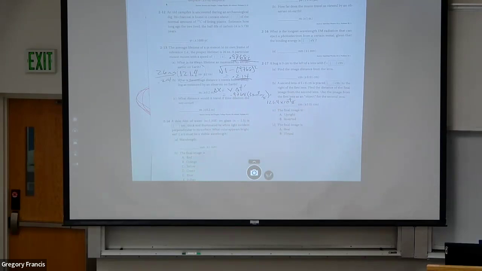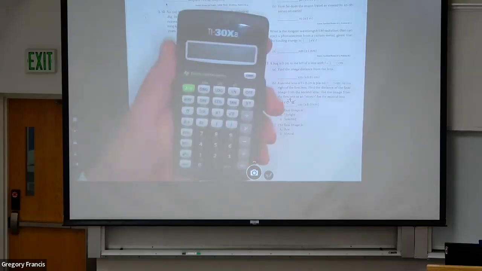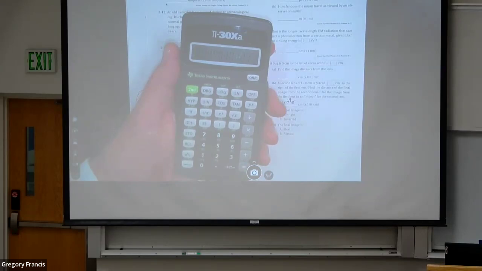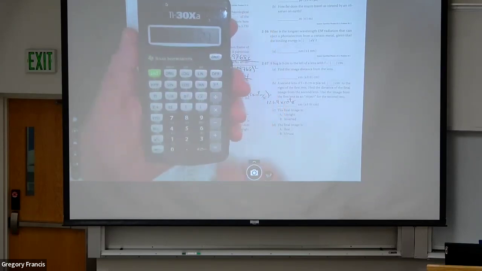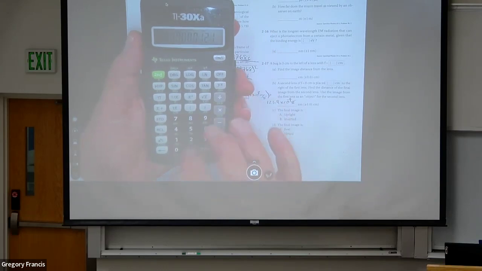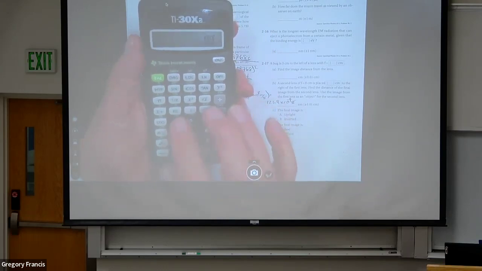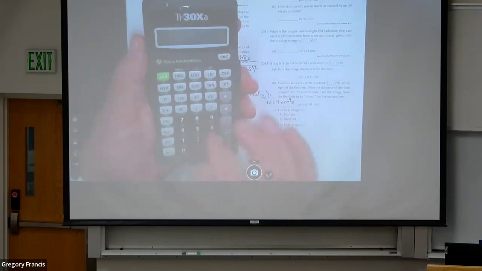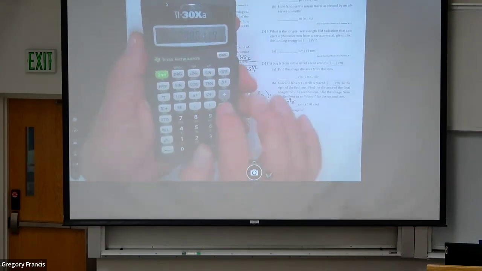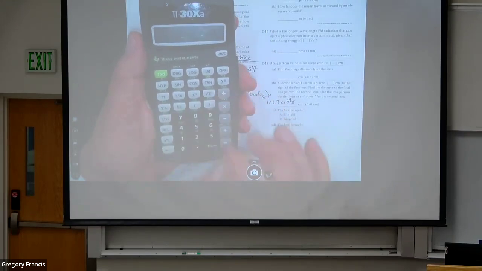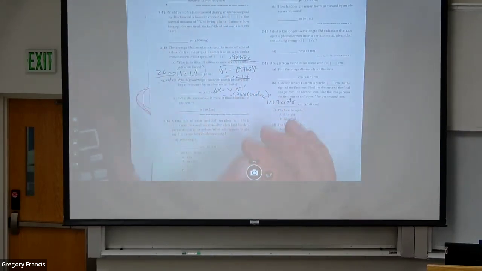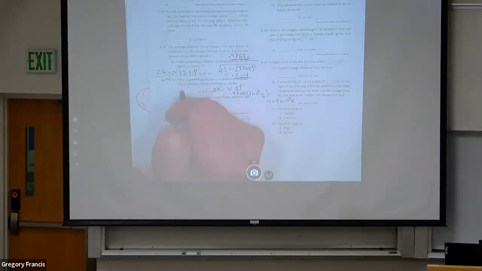That's the number of seconds that it's traveling, and it's traveling at 0.9768 the speed of light, so I've got to multiply by the speed of light. And that gives me 35.6 meters.